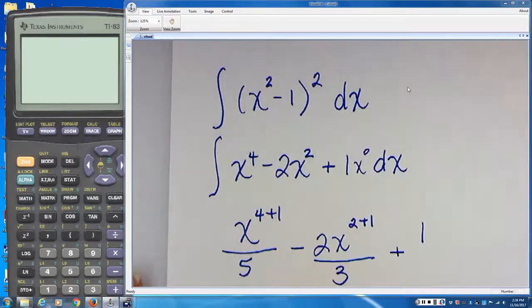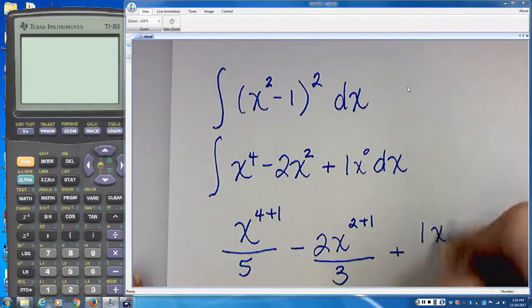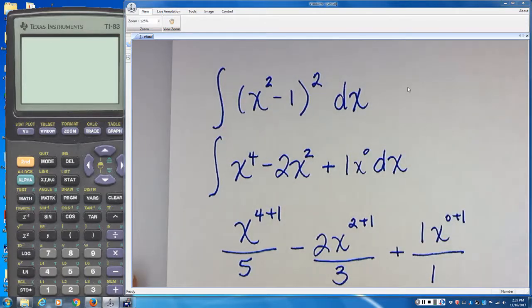and remember this wasn't x to the 0 because it's a constant. So this is going to be 1 x to the 0 plus 1 divided by 1.